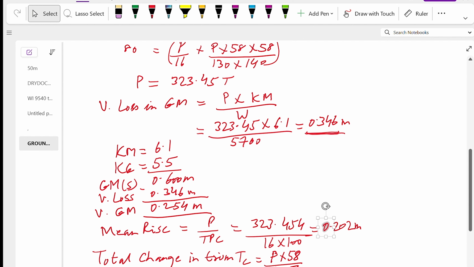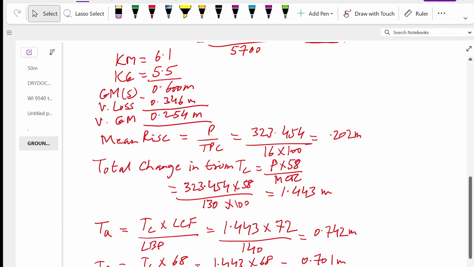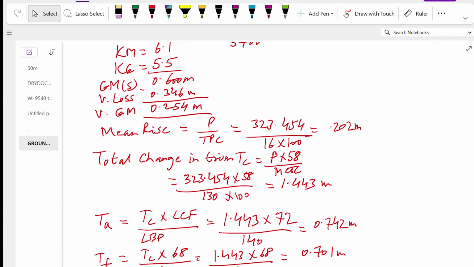Okay. And then we find the mean rise P upon TPC, and we find the trim aft and trim forward, TA and TF, by applying the formula. Total change in the trim will be trimming moment upon MCTC. TA will be total change in trim into LCF upon LBP. TF will be, you find the total change in trim minus TA. That will be TF, but you can also do that by total change in trim upon LBP into distance of forward perpendicular from center of flotation, which is 68.